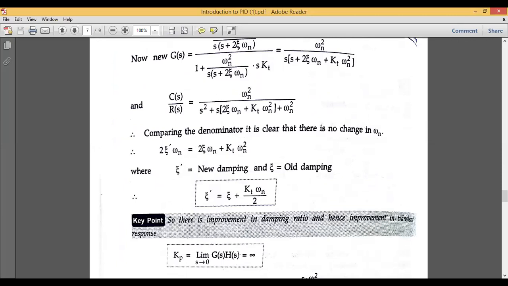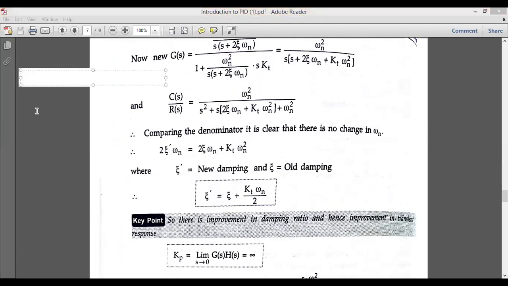I will write it on the left side here: S square plus S multiplied by 2 zeta into omega n, plus Kt omega n square, bracket complete, plus omega n square. This is the standard formula.